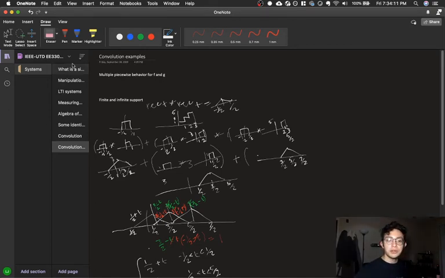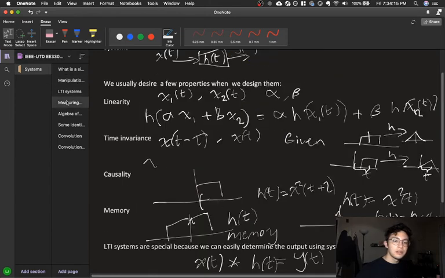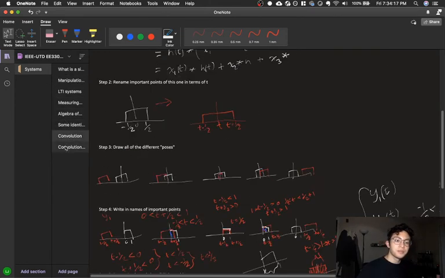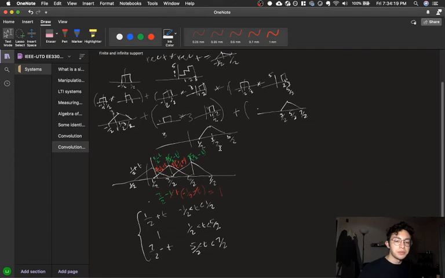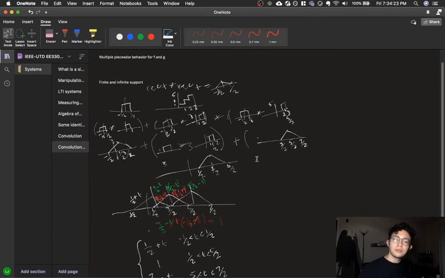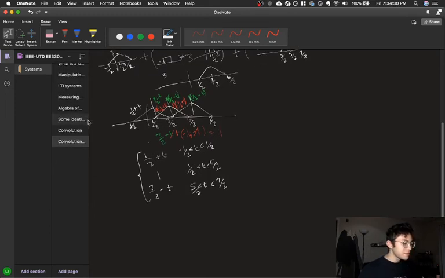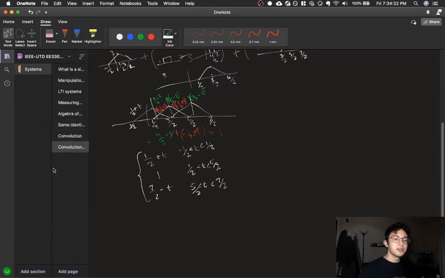I think I've included a lot of the items that are going to be tested. I'm not sure if I've touched on examples for everything though. Because when I took signals, the majority of the first test is just convolution.